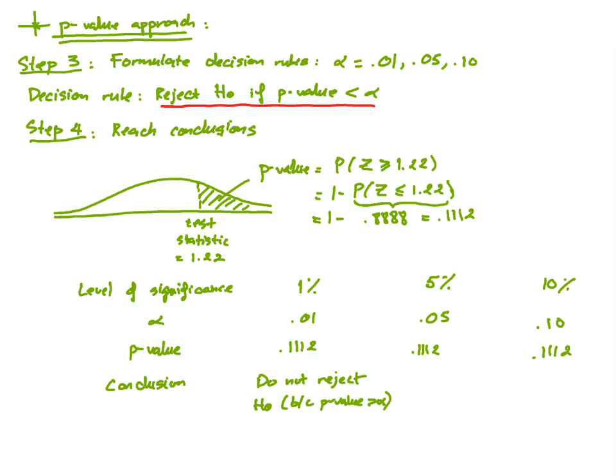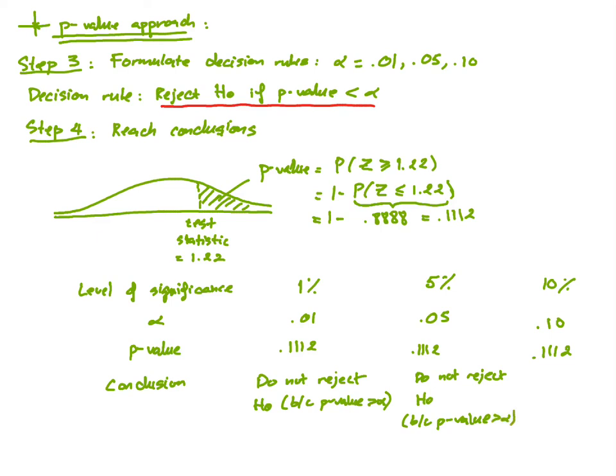Now at 5%, we also do not reject the null. Right? Because again, the p-value of 0.1112 is greater than alpha of 0.05.